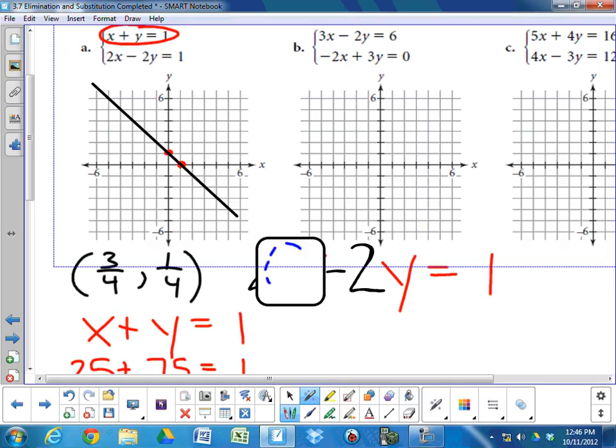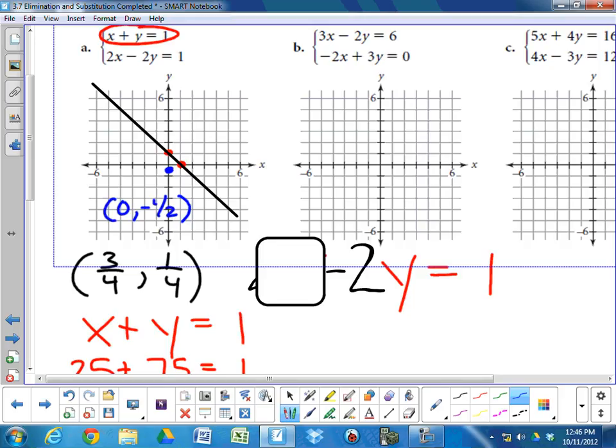When you plug the 0 in and cover up x, you get negative 1/2 for y. So we have a point we can plot. 0, negative 1/2 is one intercept. How many do we need? 2. It's called the 2-intercept method.